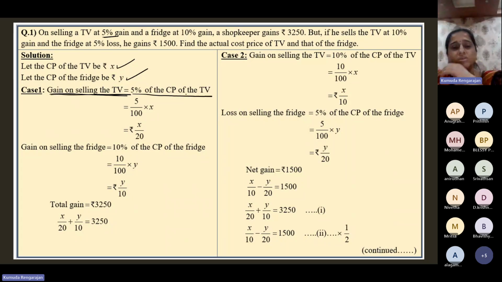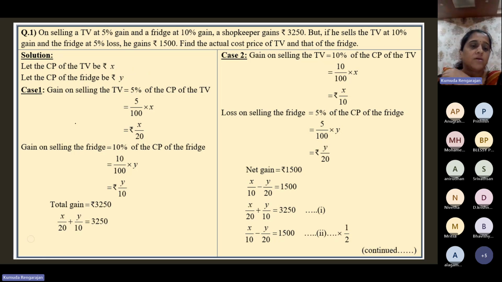Always, the profit or loss percentage is applied on the cost price, not on the selling price. So the profit you make on selling the television is 5% of the cost price.